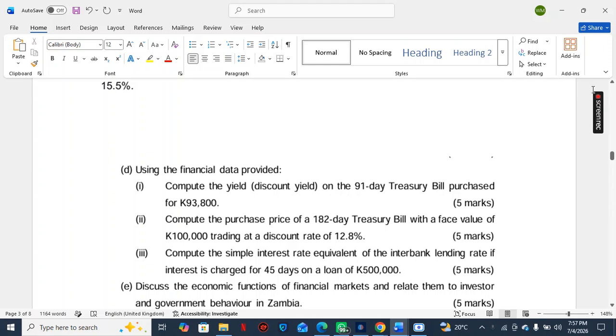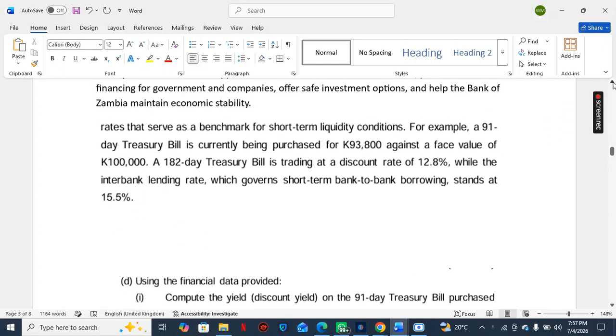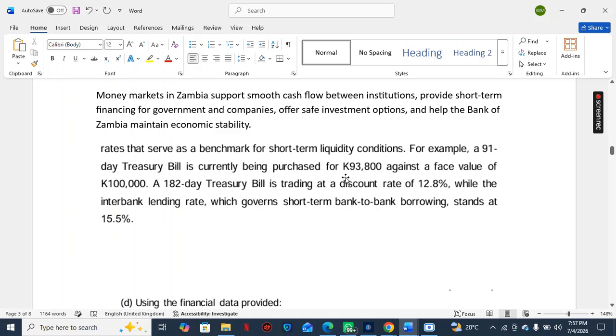Remember, the par value or the face value of a treasury bill is how much you get paid when it matures. So for this treasury bill, a 91-day treasury bill is currently being purchased for 93,800 against a face value of 100,000.